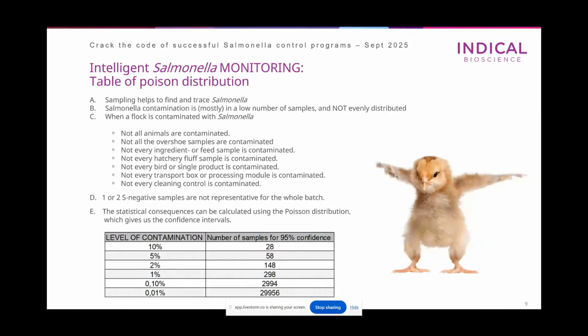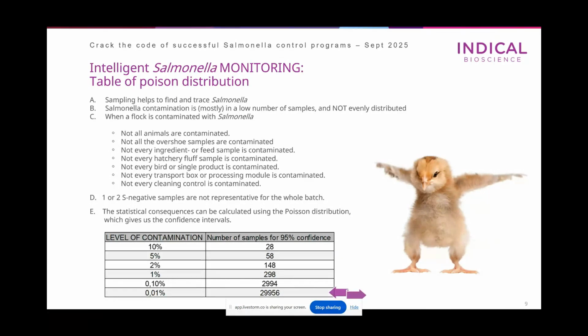And of course, this sometimes makes our life uncomfortable, having to sample that much, but it's necessary. It comes out in the Poisson distribution table, meaning when you have, let's say, 10% contamination in your production site, you have to sample a certain amount of samples to be confident that your chicken production is free of salmonella.